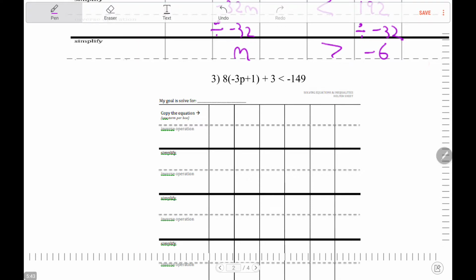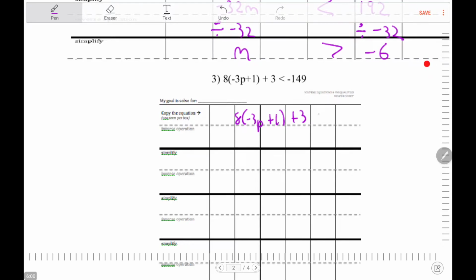Alright, this is also going to be pretty similar, but one more step. You're about to see it. So we have 8 times negative 3p plus 1, plus 3 is less than negative 149. Now, let's multiply these out. Make our box.